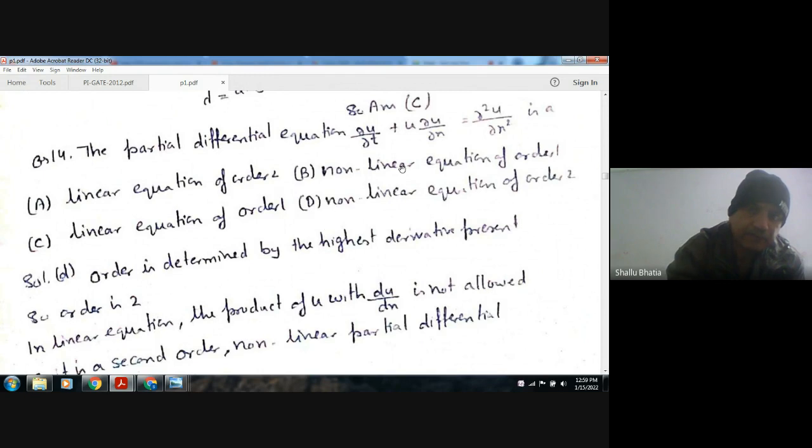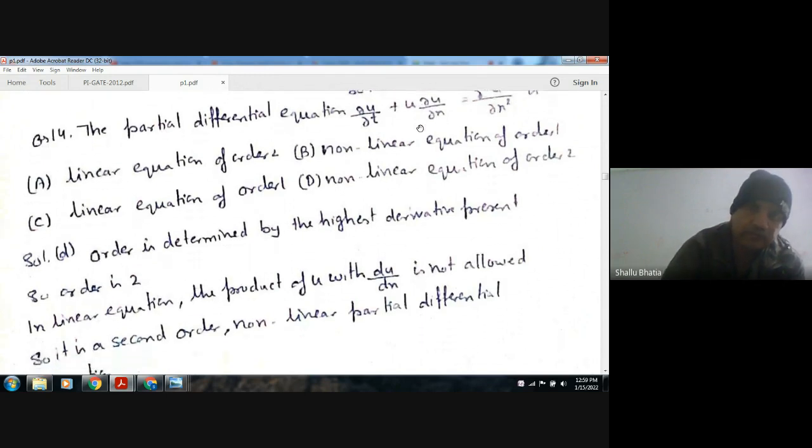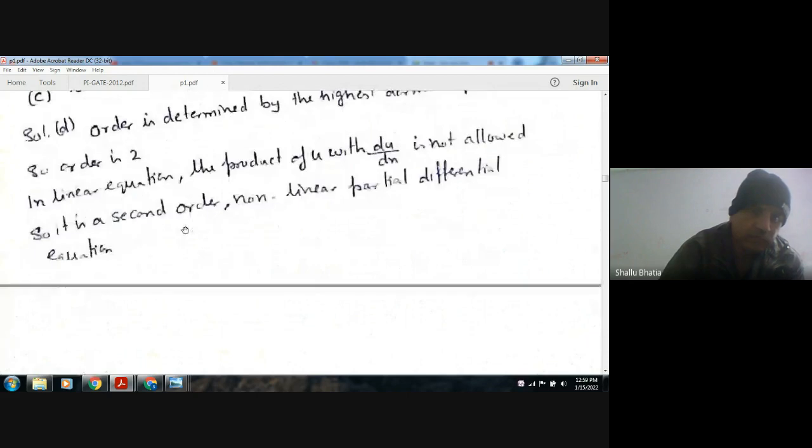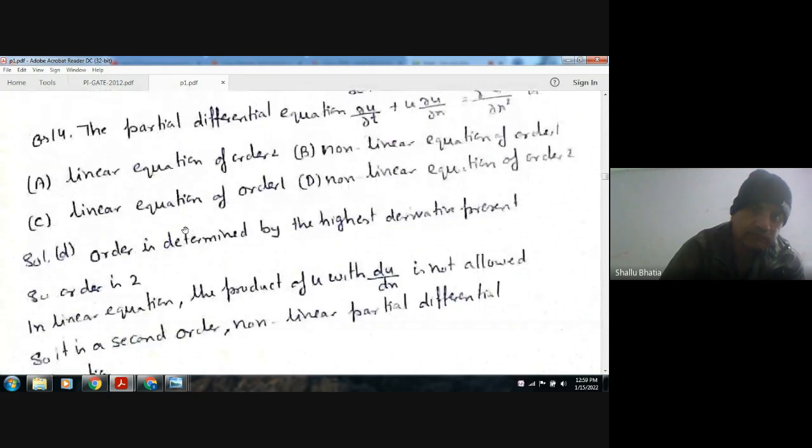Linearity is checked next. This equation is not linear because here there is a multiplication of u and ∂u/∂x, which does not satisfy the relationship for a linear equation. So the order is 2 and it is a non-linear equation.